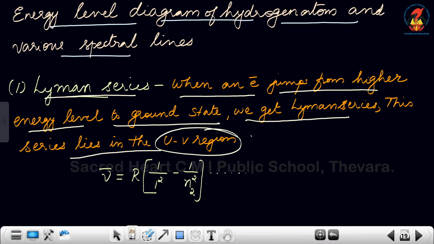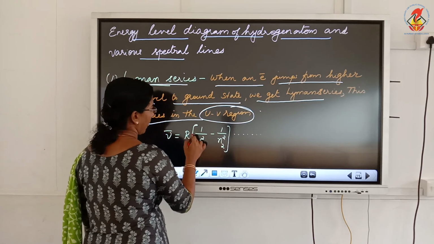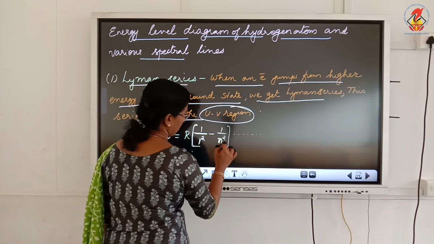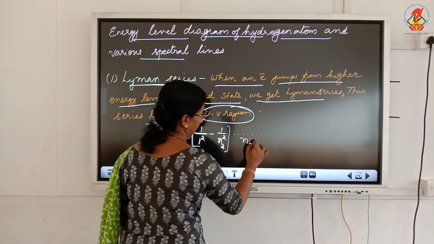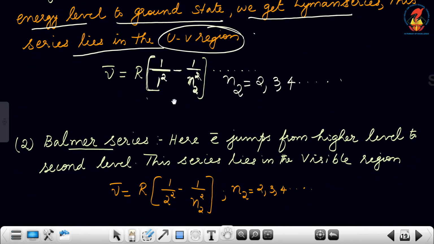The light comes out as UV light, and the equation is nu bar is equal to R into, from the higher state to the ground state, 1 by 1 square minus 1 by n2 square, where n2 can be any value 2, 3, 4, etc.